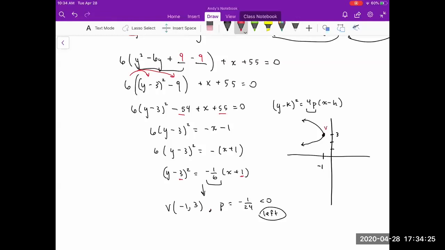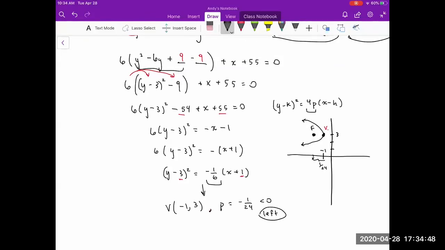If this is the vertex, then the focus is going to be over here. The distance from the vertex to the focus is 1 over 24. So this distance is 1 over 24. So let me move this negative 1 labeling over here. There we go. So this is 1 over 24.